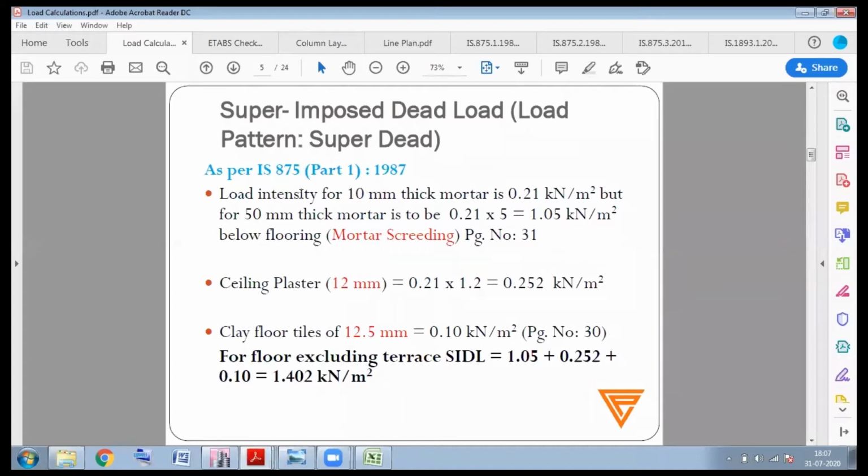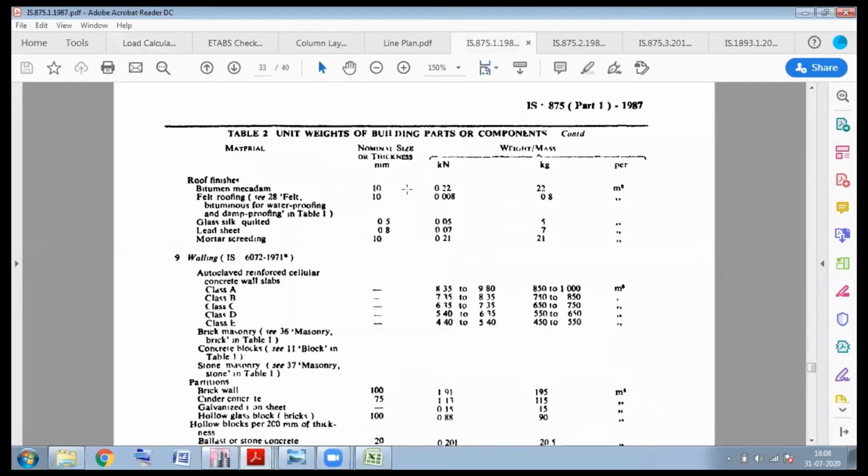Now, first of all, I'm calculating the superimposed dead load for slabs. For slab, the pattern given in the software is super dead. Once we have opened the software, you may know about this. First, I'm calculating the load intensity for the mortar screeding, the mortar plastering, as per IS code provision, IS 875 part 1, this code book is for calculating the dead loads.